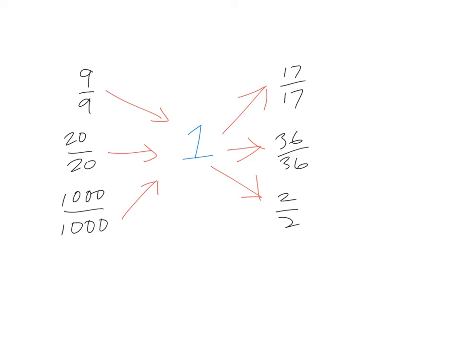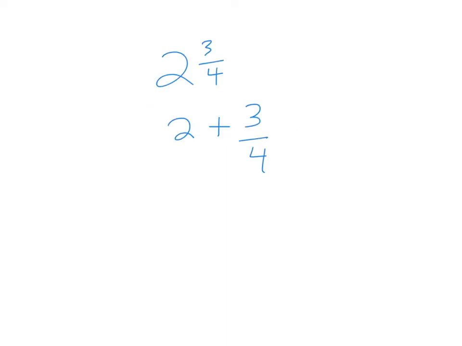So let's go back to our example. If we take a look at this again, let's break down this whole number. If we know that 4 is the denominator, then this whole number should actually be 4 over 4.